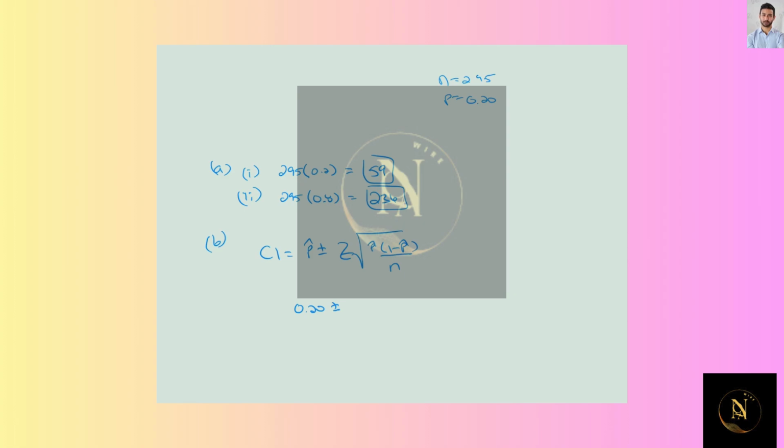Our critical z at 95% is 1.96. And n is 295.